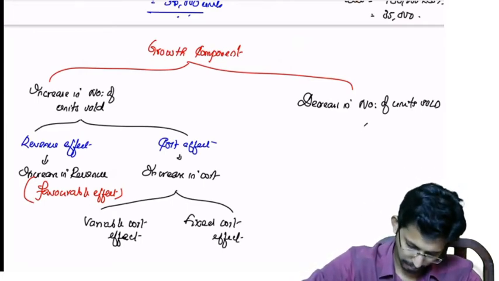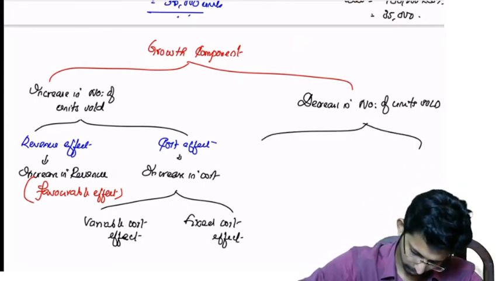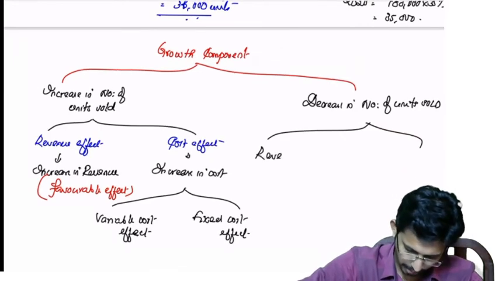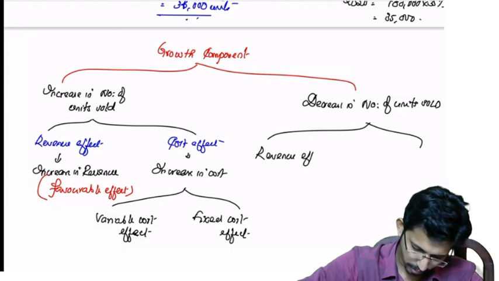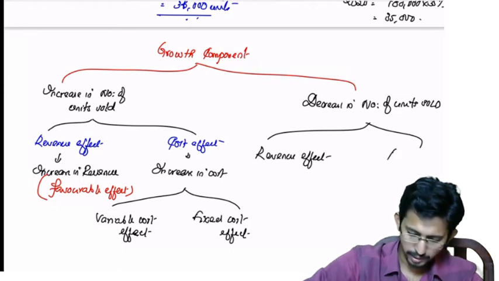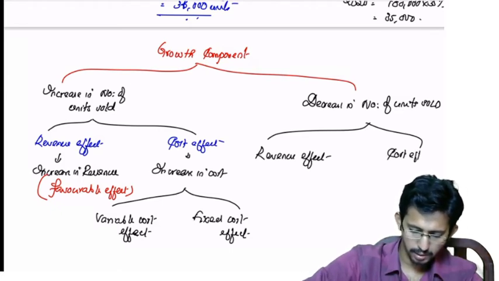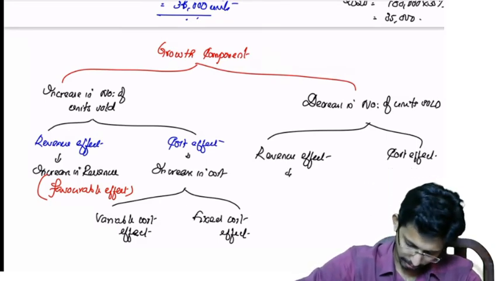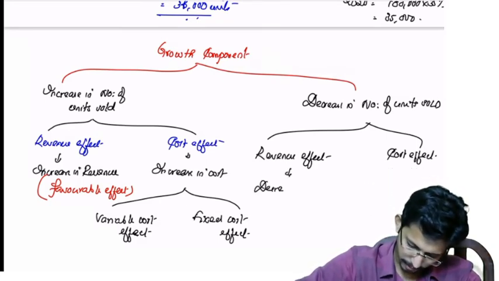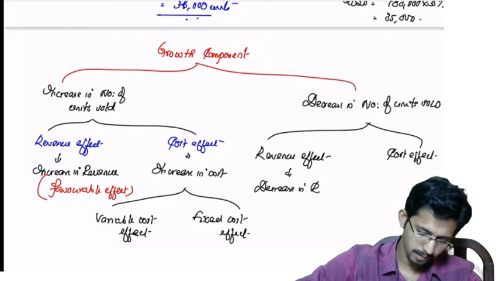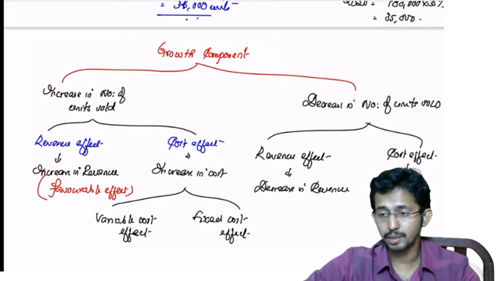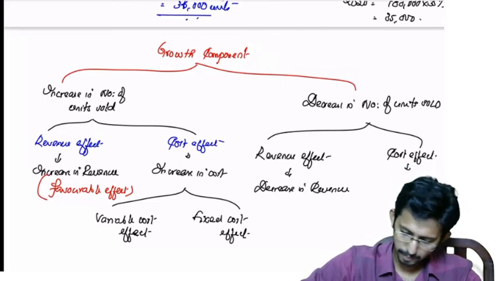Similarly, when there is a decrease in number of units sold, there could be a revenue effect and a cost effect. Revenue effect will result in a decrease in revenue, and in the case of cost effect, what would be the impact on the cost?